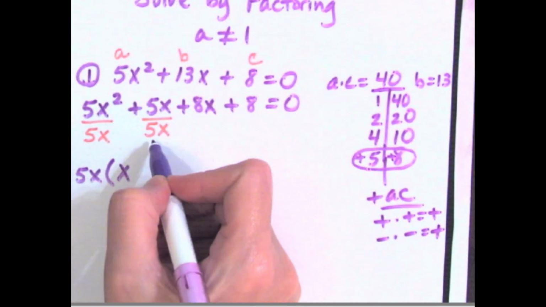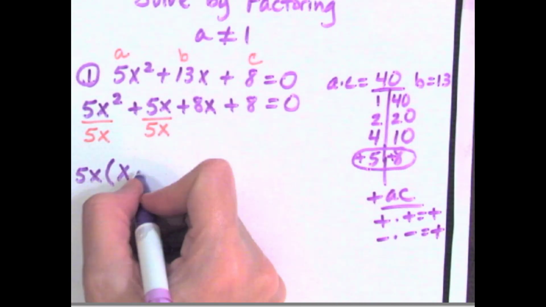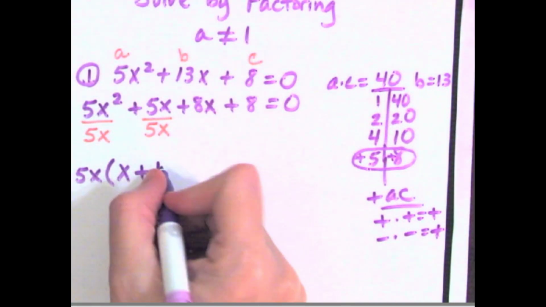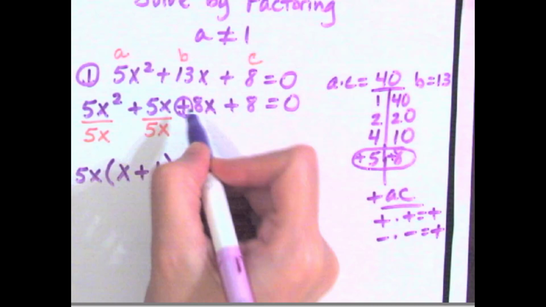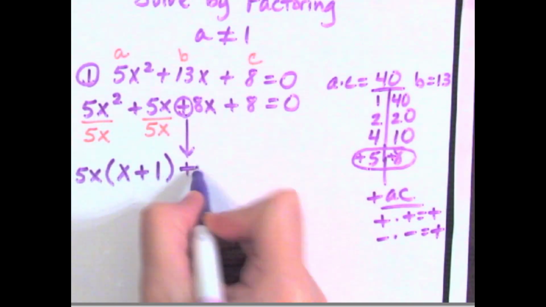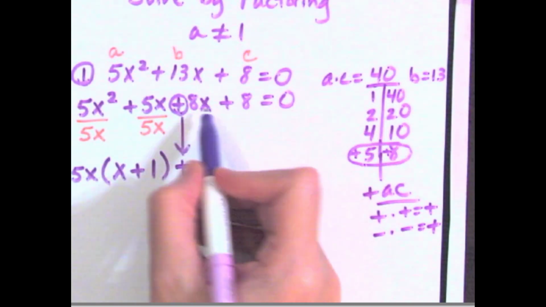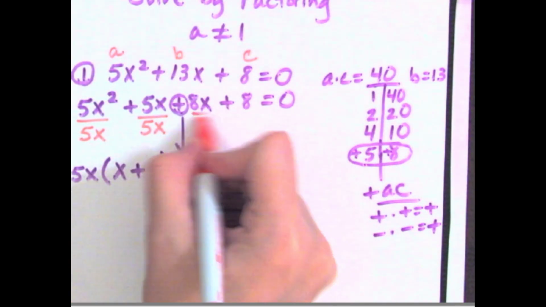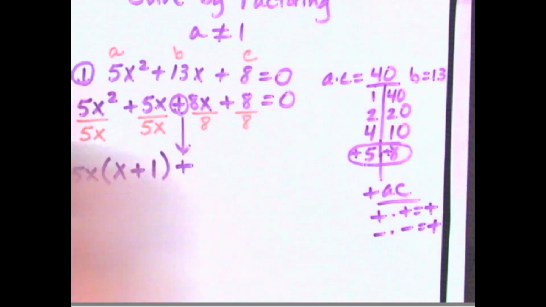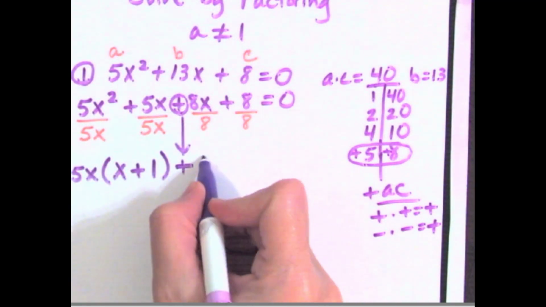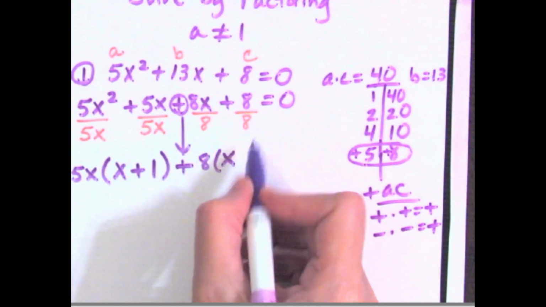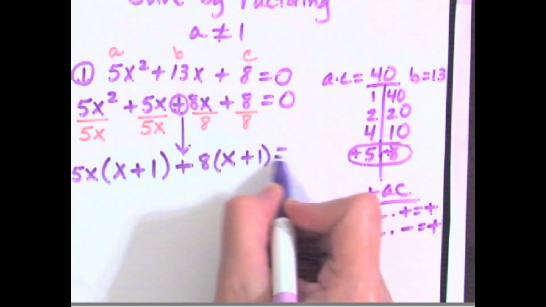And then anything divided by itself is just 1. 5x divided by 5x is 1. Okay, if this sign is positive, then that's what you park in the middle. And we're going to be taking out a positive 8 out of both of those terms. And then 8x divided by 8 will just be x, and 8 divided by 8 is 1.